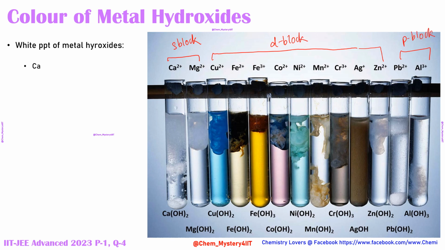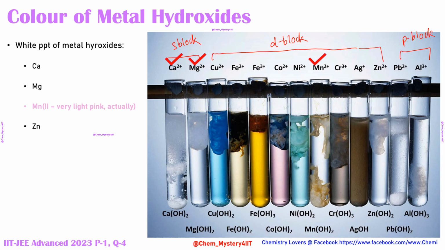These different hydroxides which we know undergo precipitation as hydroxides, some of these are white. The white ones are calcium on the left, magnesium second, and other than that we have manganese as well, although this we consider to be very light pink. In fact, we can consider this as white if the concentration is quite low. That can give us white coloration as well.